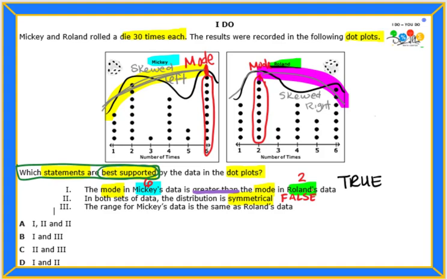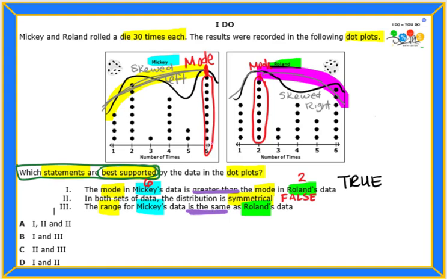And now our last statement is about the range. So the range for Mickey's data is the same as Roland's data. So we're saying that they are the same, which means that they are equivalent. So let's take a look at the range. Remember, for the range, we want the maximum and the minimum.